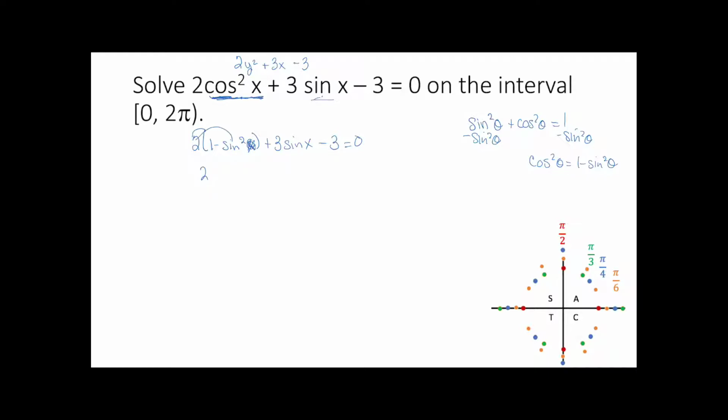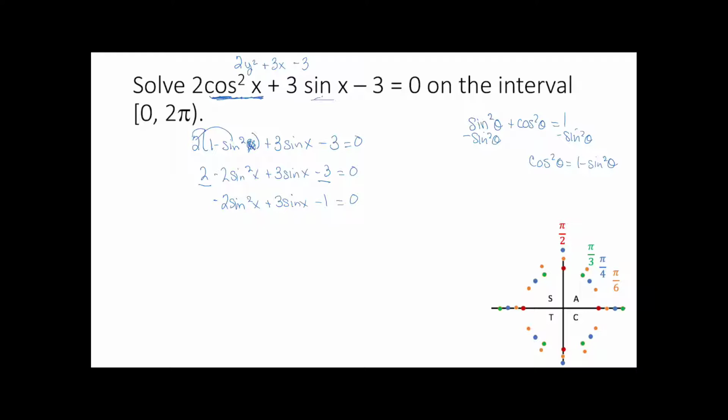Distributing, we get 2 minus 2 sine squared of x plus 3 sine of x minus 3 equals 0. We have like terms here, so let's write this in descending powers of sine. Negative 2 sine squared x plus 3 sine of x minus 1 equals 0.